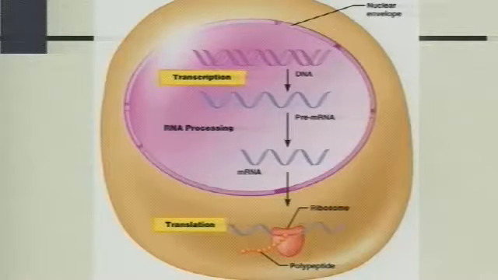Okay? So transcription is going to be in the nucleus. Translation will happen out in the cytoplasm, creating the amino acid chains, I should say, forming polypeptides.